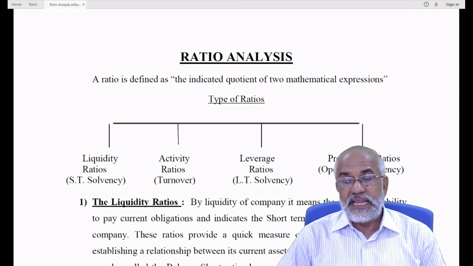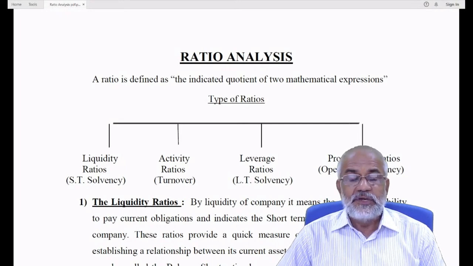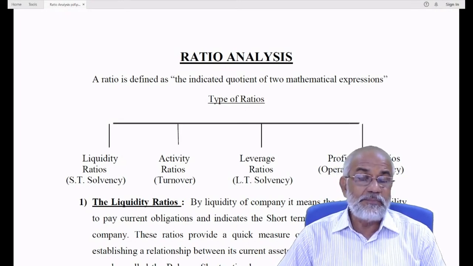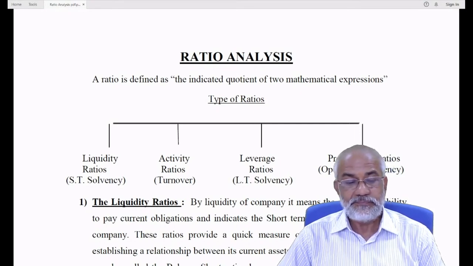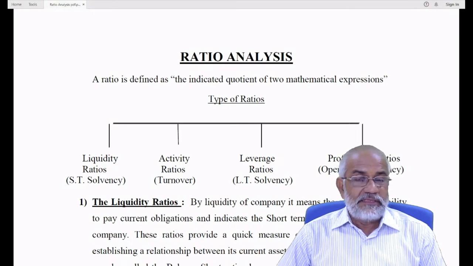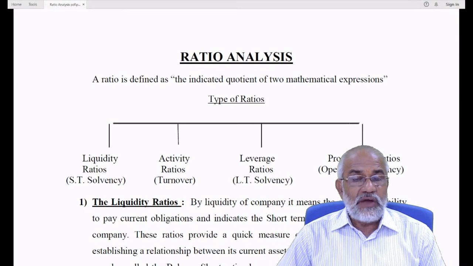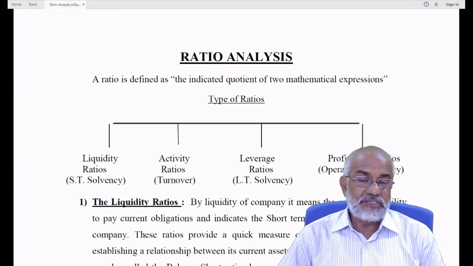Besides that, there is Accounting Standard 3, which speaks about the format, or the way the presentation of the cash flow statement has to be made. As per Accounting Standard 3, all inflows and outflows of cash are segregated into 3 components. The first one is the operating flow of cash.